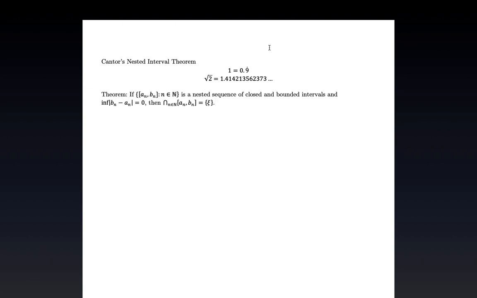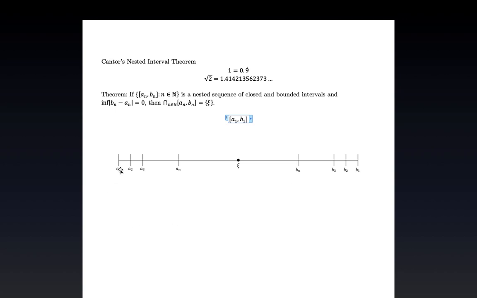So let's see what this means. Here I have a diagram for you. Here you see what we mean by a nested sequence. A nested sequence means this: the first interval A1 B1 is the biggest and it contains everything else.